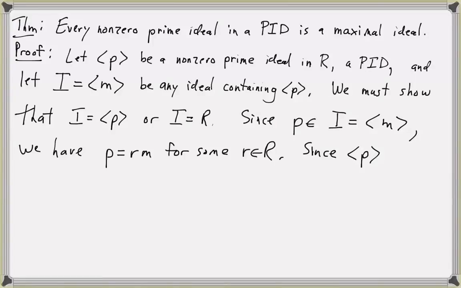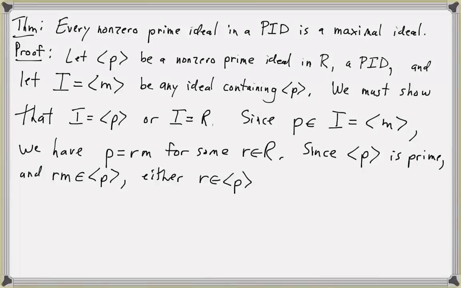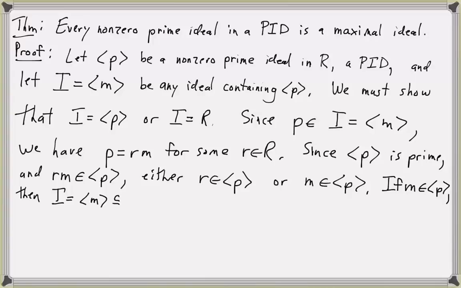Since this ideal is prime and RM, which is equal to P, is in the ideal generated by P, then either R is in the ideal generated by P or M is in the ideal generated by P. So if M is in the ideal generated by P, then I, the ideal generated by M, must be contained in the ideal generated by P, and hence I must equal the ideal generated by P.